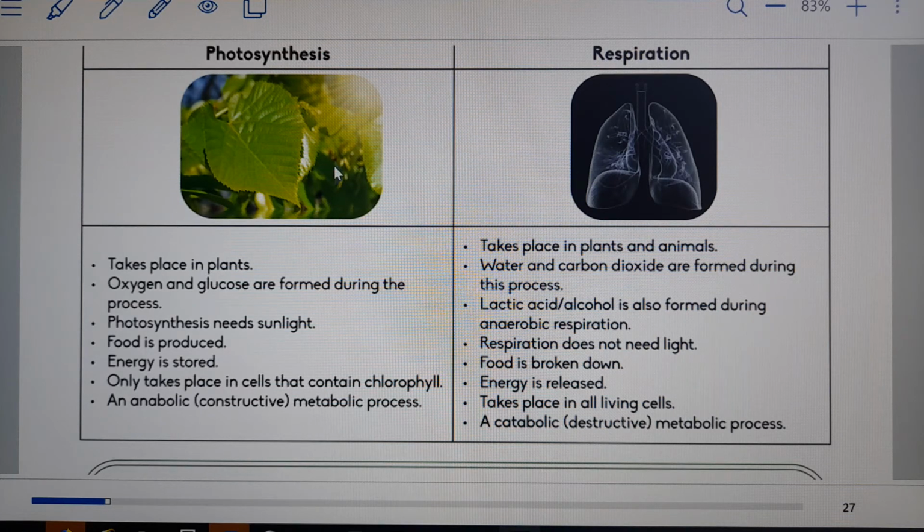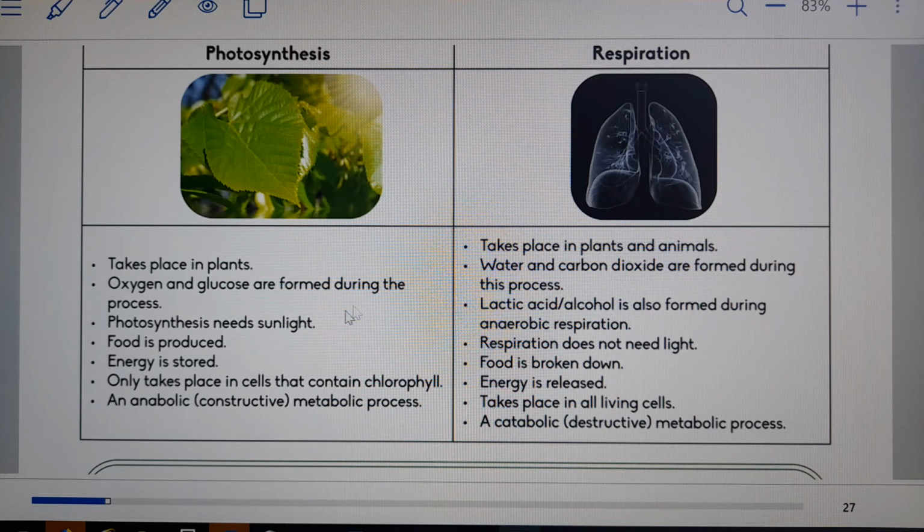Okay, you need to know these differences between photosynthesis and respiration in point form. So you need to study, understand, and memorize the differences between photosynthesis and respiration.